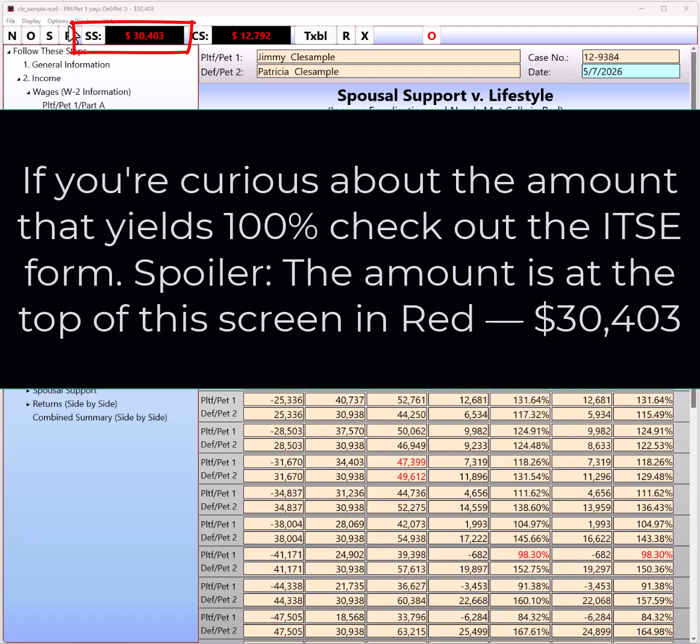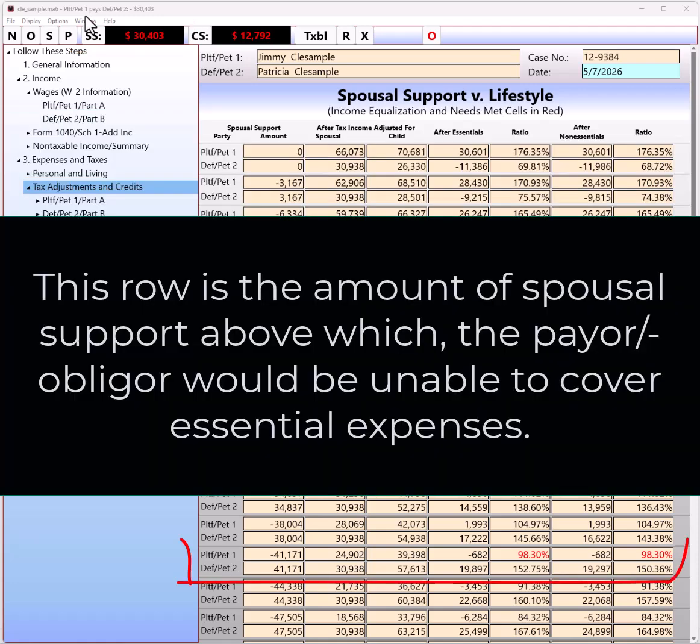The first number is where the defendant, the person receiving the support, is getting close to meeting all their essential expenses right on the dot, or coming close to the point where they can't. Or right below it, right, gotcha. And then, okay, so then the second one is the income equalization. And the third one, the 30% in red, that's the point at which the payor is unable to meet his or her expenses.